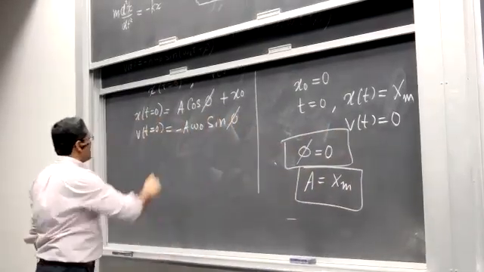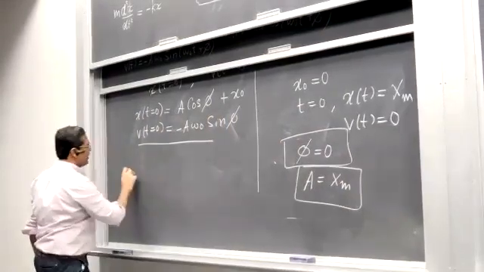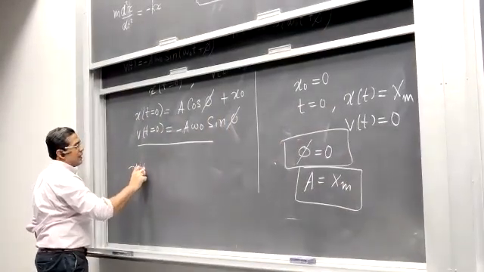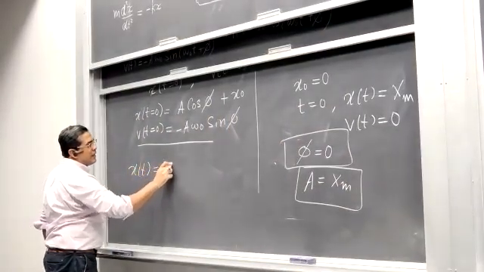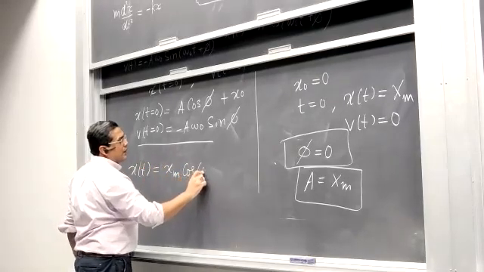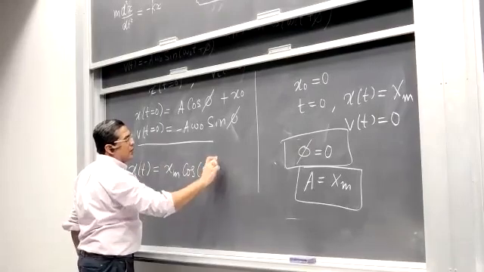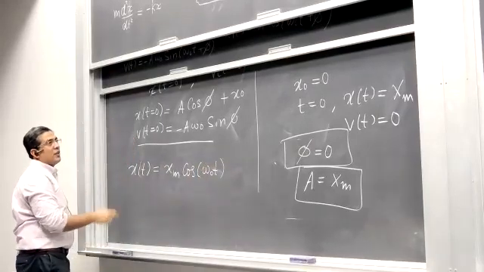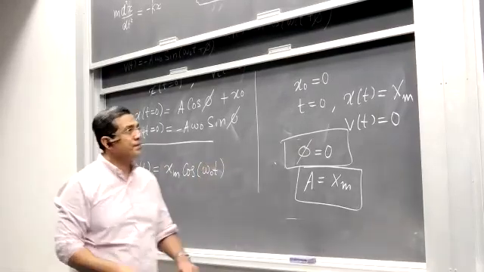Our particular solution now would look like x of t equals xm cosine omega naught t. Now let me try to plot this.